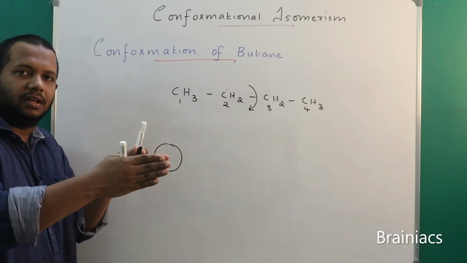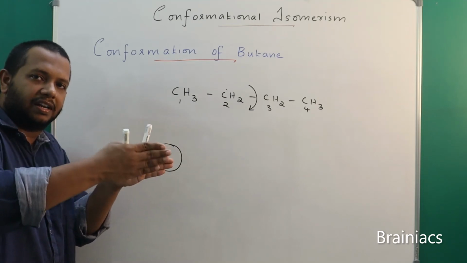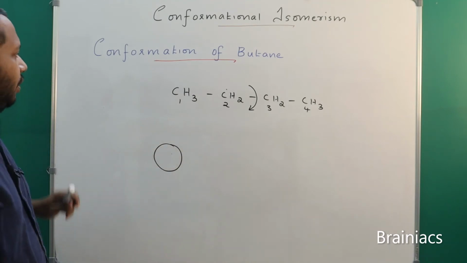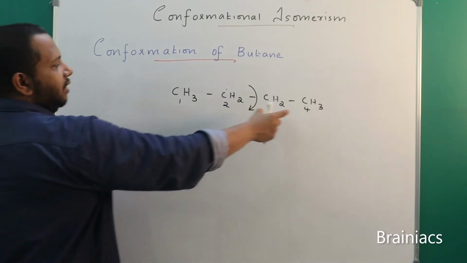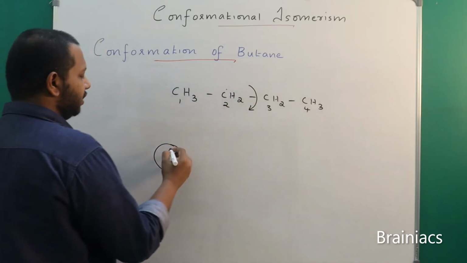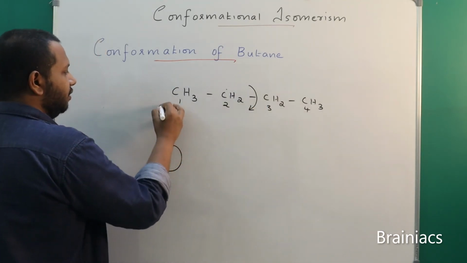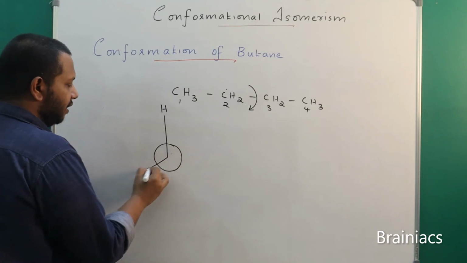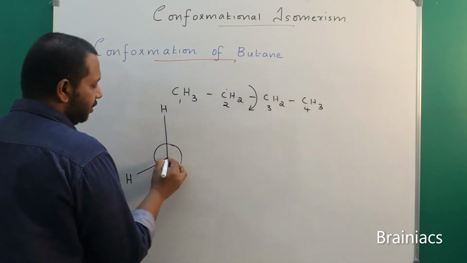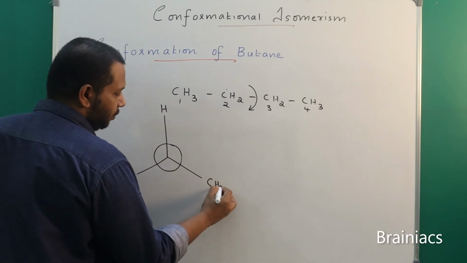From the front view you can see only one carbon, but on the back side you have another as well. I will take this portion as the front carbon. To this carbon you have two hydrogen atoms, this one and this one, and the third one is connected to a CH3 group.